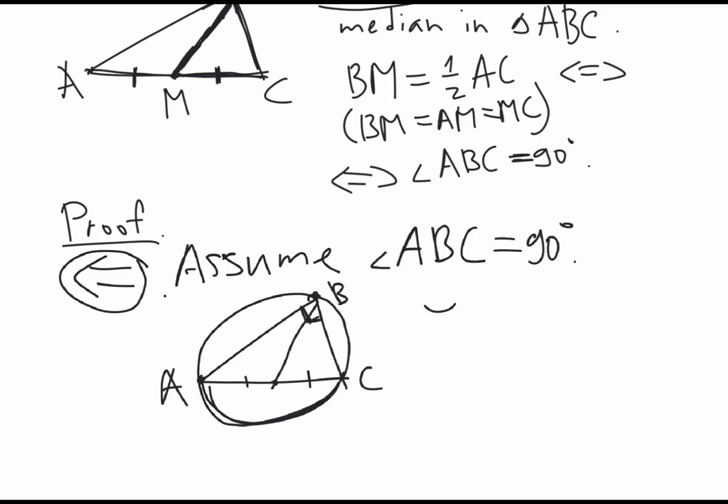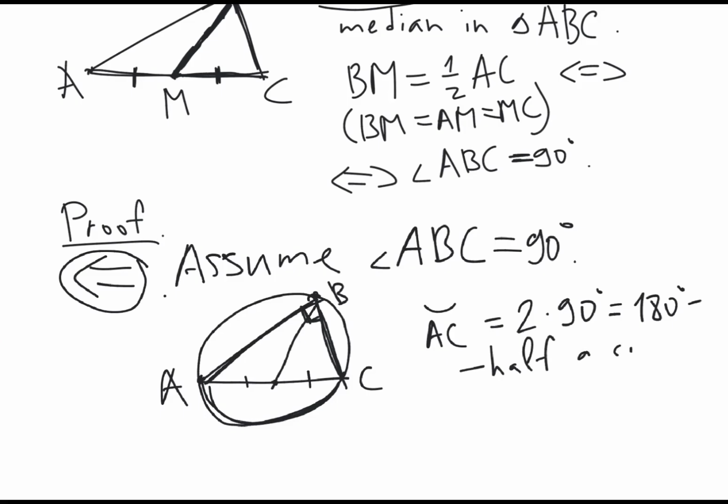The arc AC is equal to twice the inscribed angle. ABC is an inscribed angle, right? So this is equal to twice 90 degrees. So this is 180 degrees, which means that it is half a circle, right? Because the whole circle is 360 degrees.